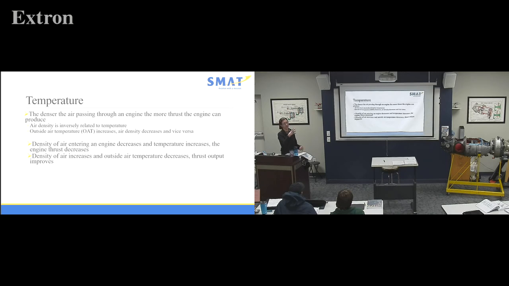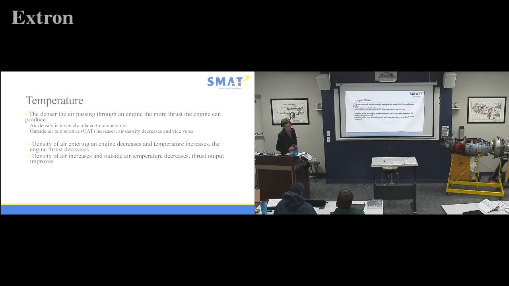So as the air's temperature is increasing, that means our density is decreasing, and thrust decreases. As the density of air increases and outside air temperature decreases, thrust improves.